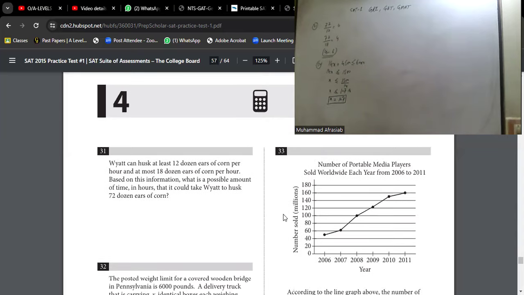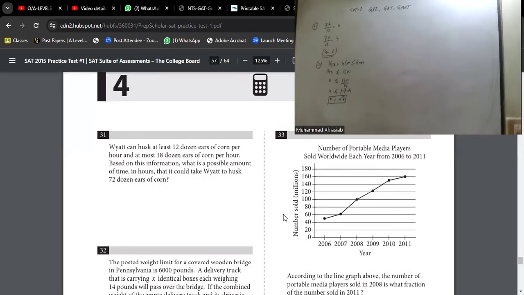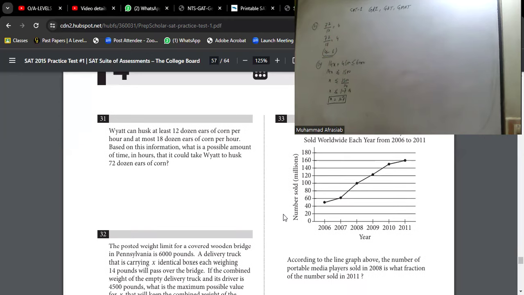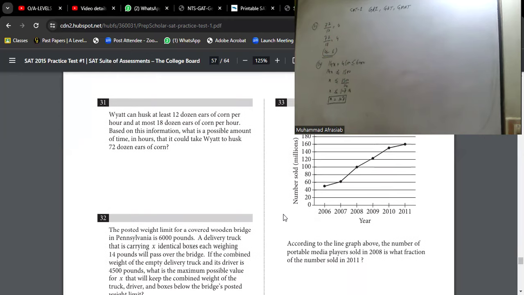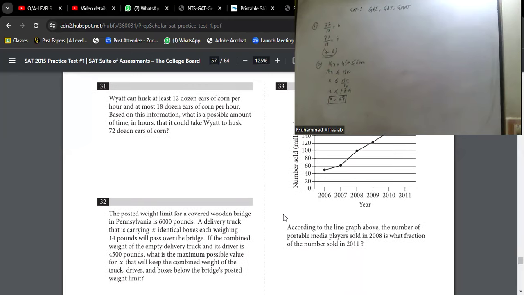On the y-axis, they have shown the number sold in millions, and on the x-axis, they have shown the year. So they are asking about 2006 to 2011, that is the graph shown there. According to this line graph, the number of portable media players sold in 2008 is what fraction of the number sold in 2011?